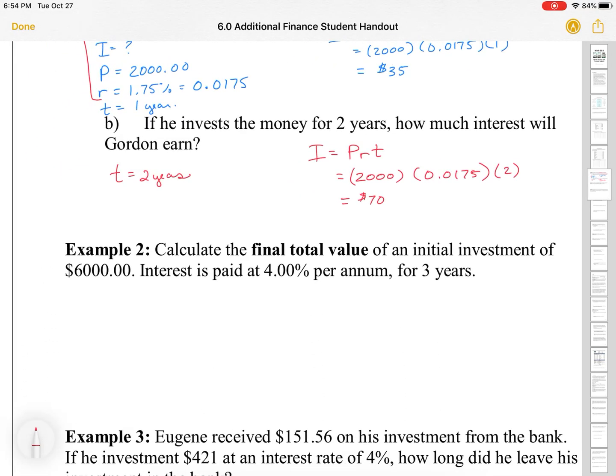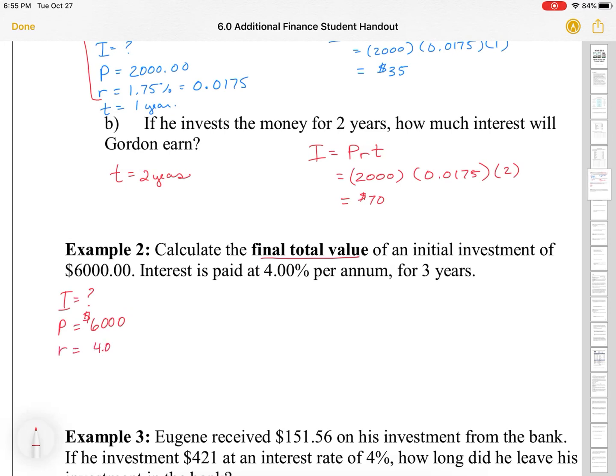Example 2. Calculate the final total of an initial investment of $6,000. Interest is paid at 4% per annum for 3 years. So make a list of what we know. We want the total value though, not just the interest, but we're going to find the interest first. Interest we're looking for, our principal is $6,000.